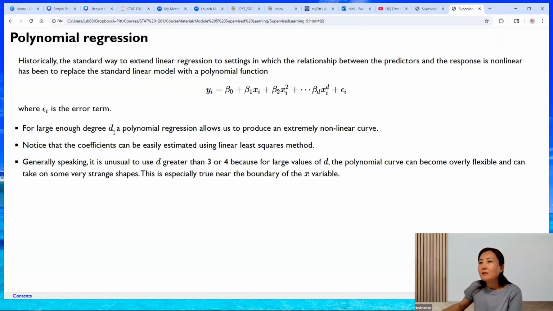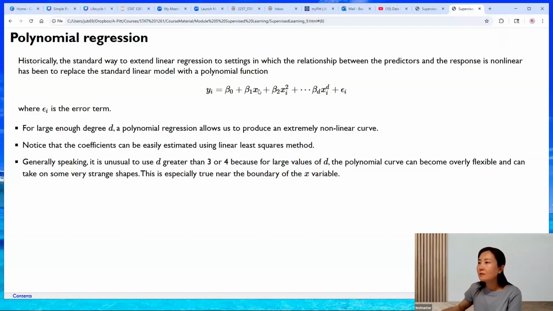Right? So for large enough d, a polynomial regression allows us to produce an extremely nonlinear curve. Theoretically, it can be used to model any shape of relationship or pattern. Right? And notice that this model can be easily fitted or estimated using the least squares method.